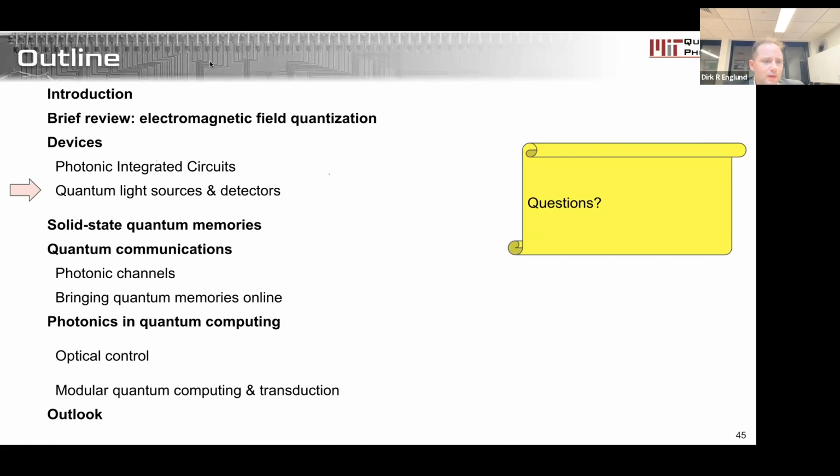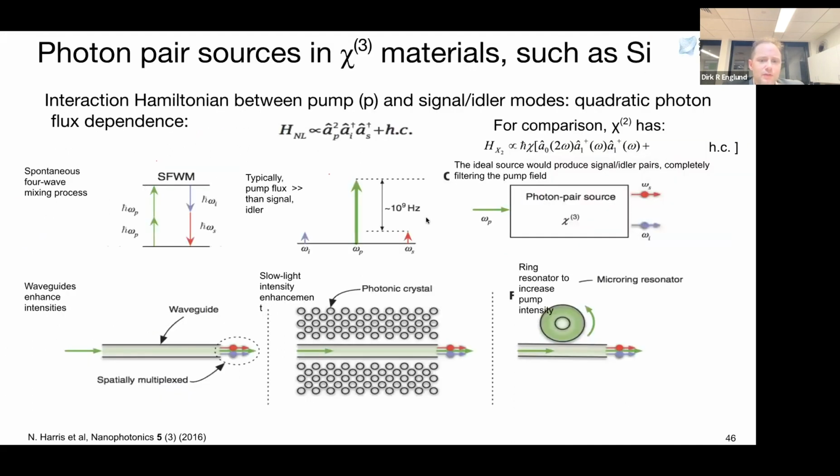So now I want to talk a little bit about quantum light sources and detectors. So far we've talked about how to transform the optical modes using the optical waveguides and so on. How do we actually excite a quantum mechanical state as the starting point?